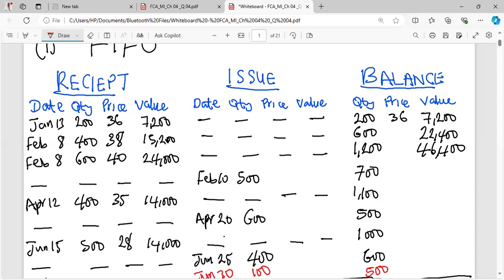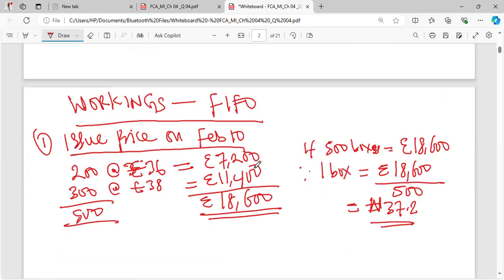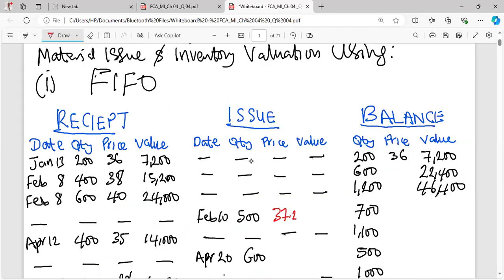37.2. So I'll come here. This is 37.2. And when I multiply 37.2 by 500, of course, I'll get 18,600. So I'll have my 18,600 here.